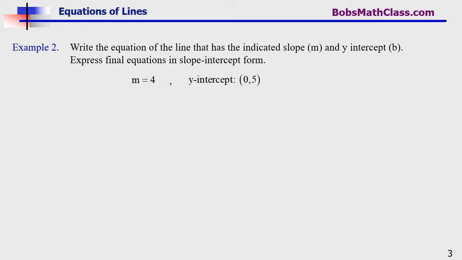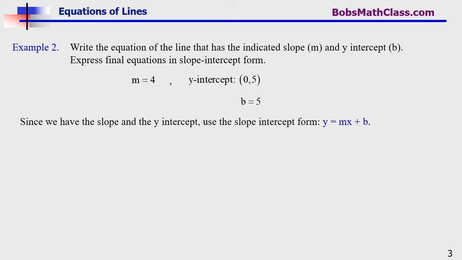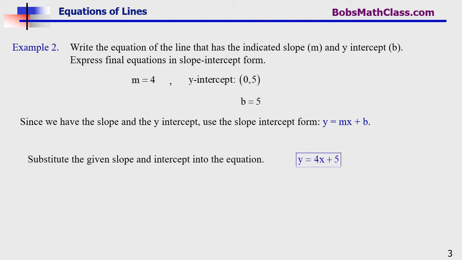That means b is 5. So we have the slope and the y-intercept. We're going to use the slope-intercept form, y equals mx plus b. So that'll be y equals 4x plus 5.